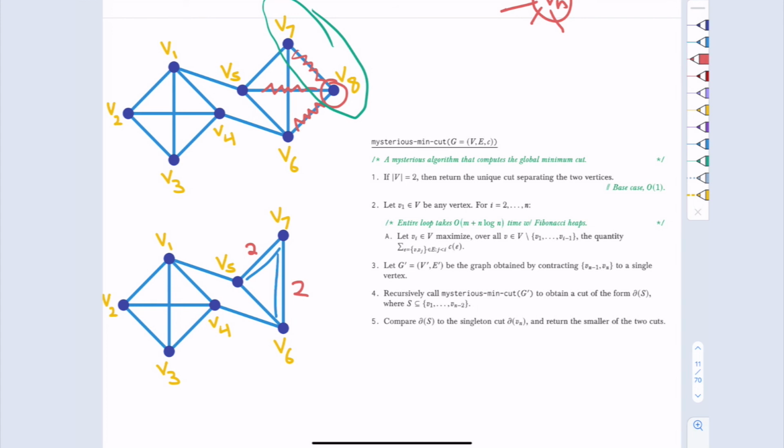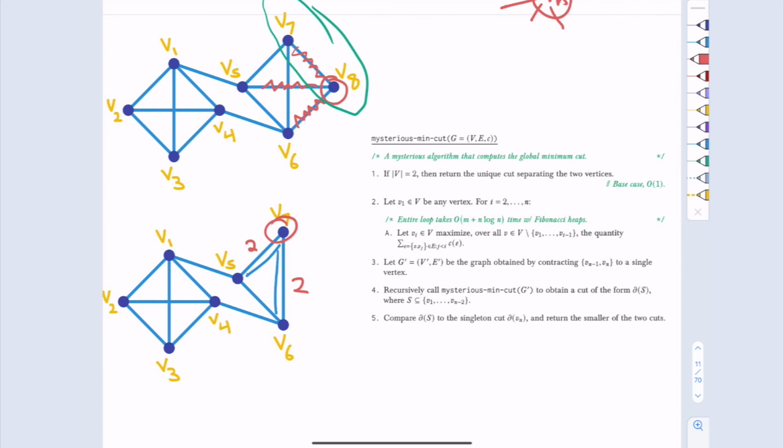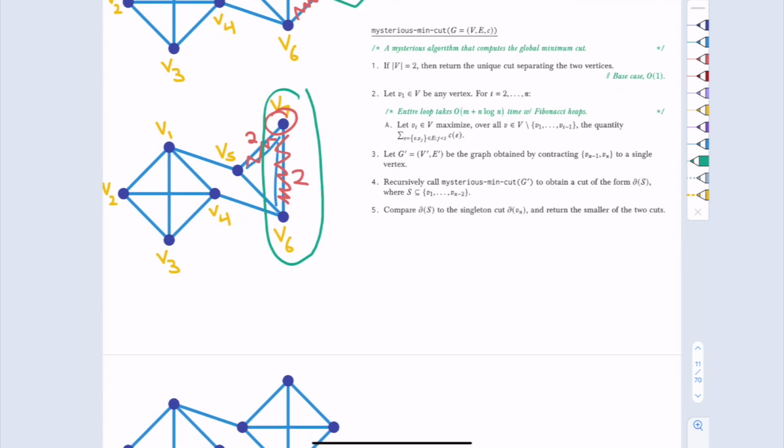In which case, I would then look at this cut. This is the last vertex. Okay. This is a cut of weight 4. Right? And then we would contract these 2.